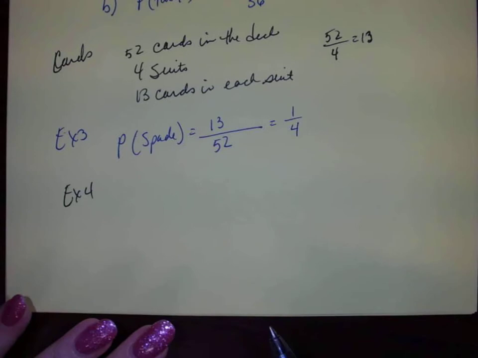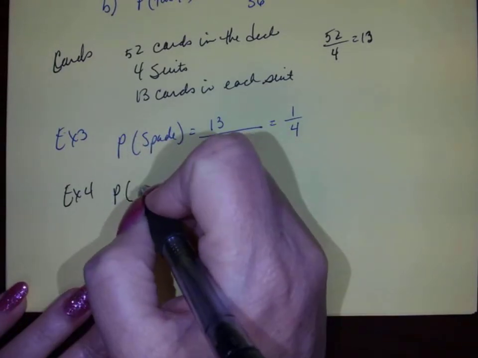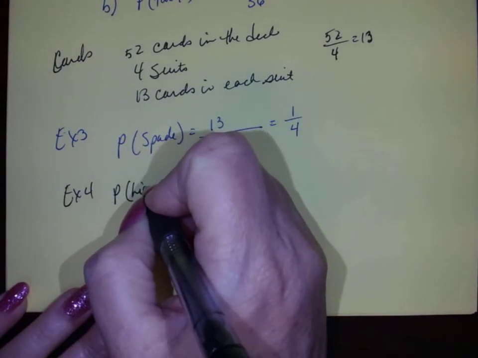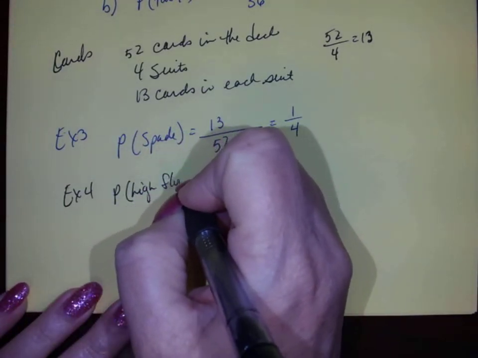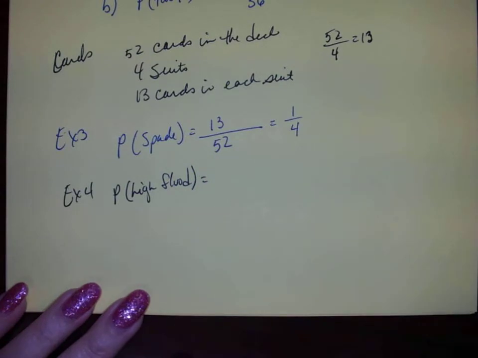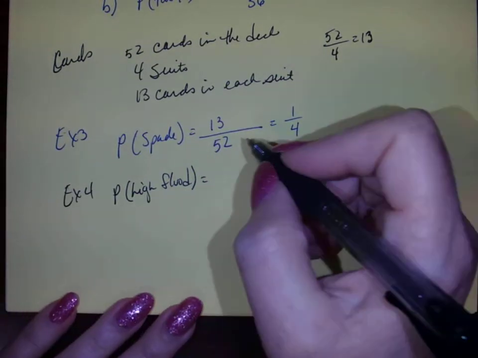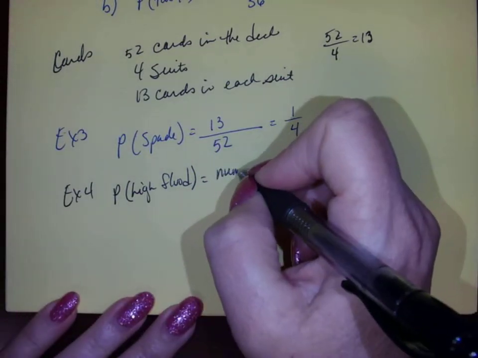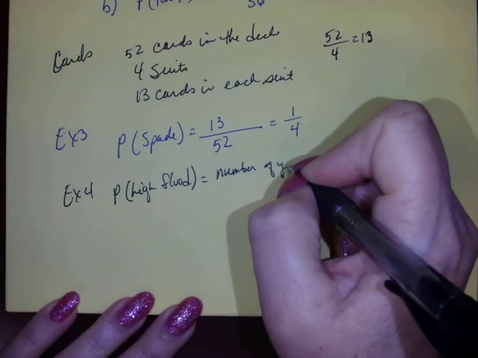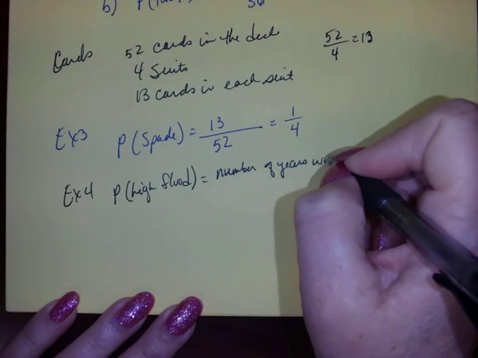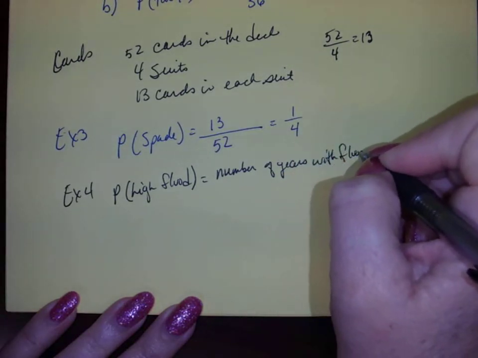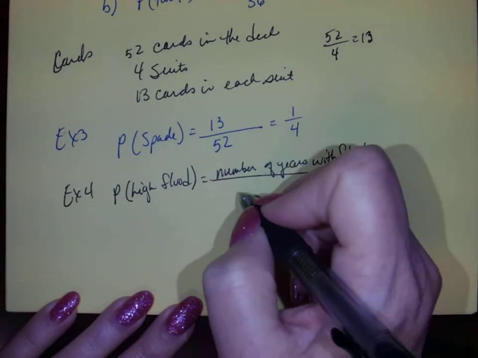So that probability of a high flood, in this one, because it's a little bit different, we're going to look at the number of years with a flood out of the total number of years.